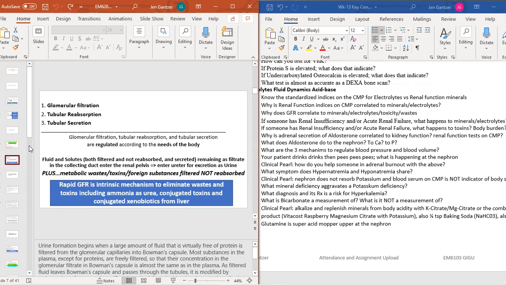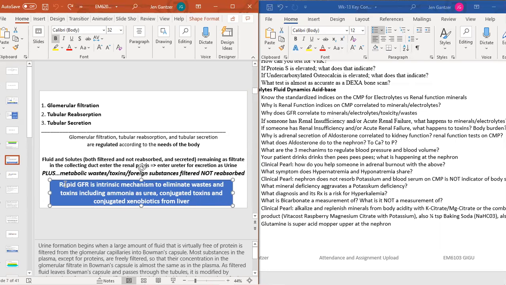Recall the 4 routes of excretion: urine through filtrate, fecal matter through bile, sweat, which is through an ionic exchange, and breath. So different molecules can be excreted through one of the 4 routes. Therefore, the benefit of a functional and optimal GFR, glomerular filtration rate.